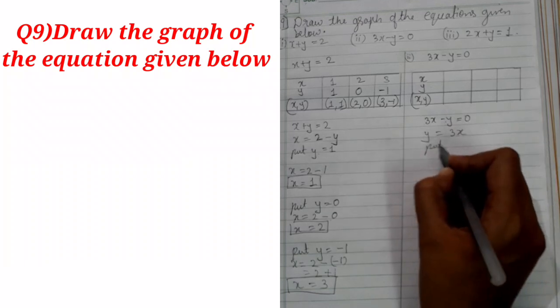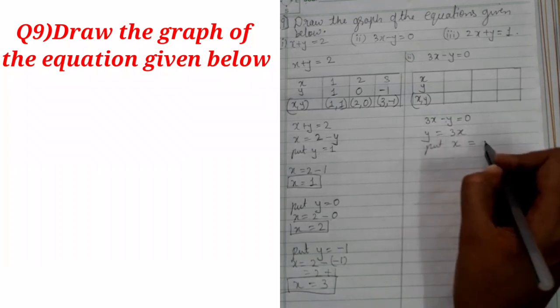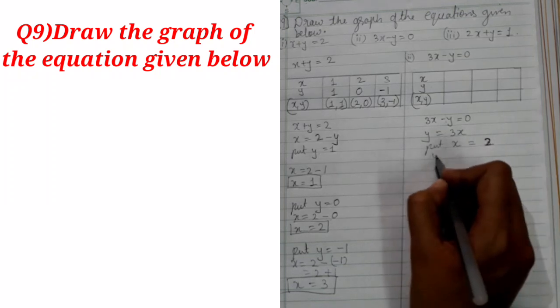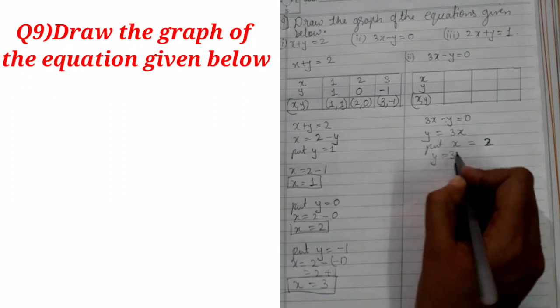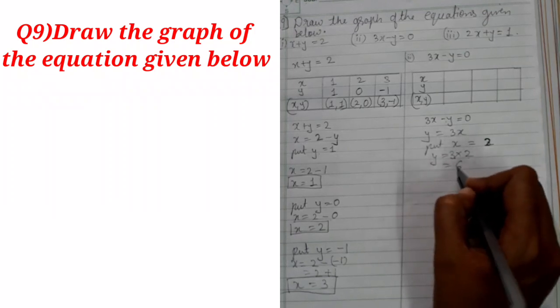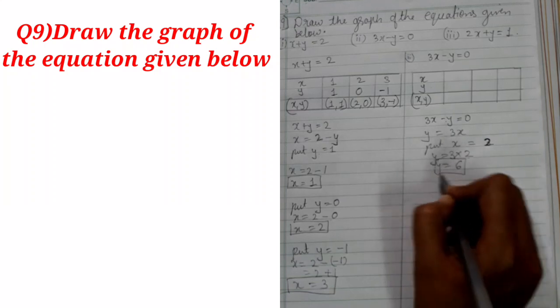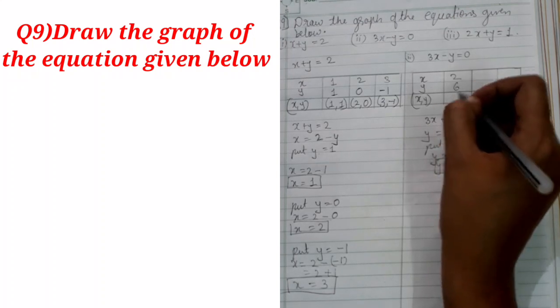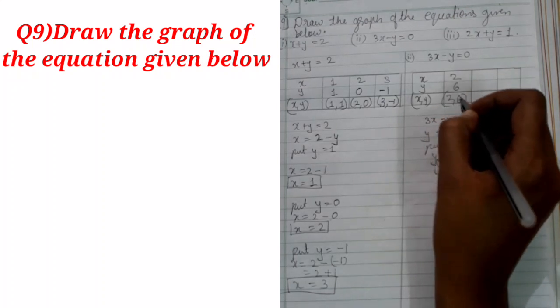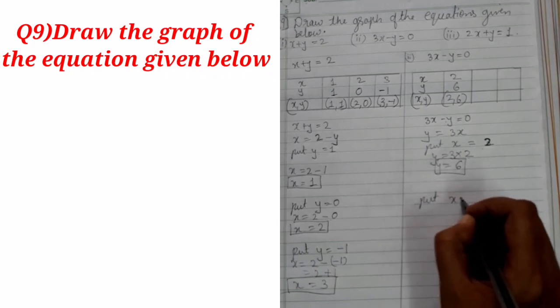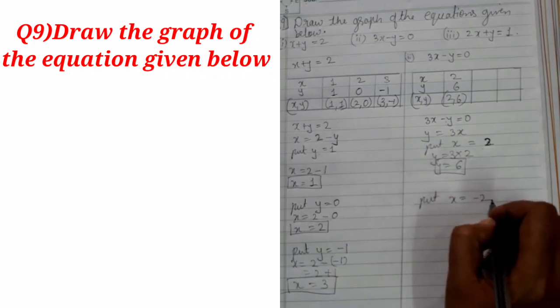So put x equal to 2. So y equal to 3 multiplied by the x value I have taken, 2. 3 times 2 is 6. So I am getting y value 6. If x is 2, y is 6. So 2 comma 6.